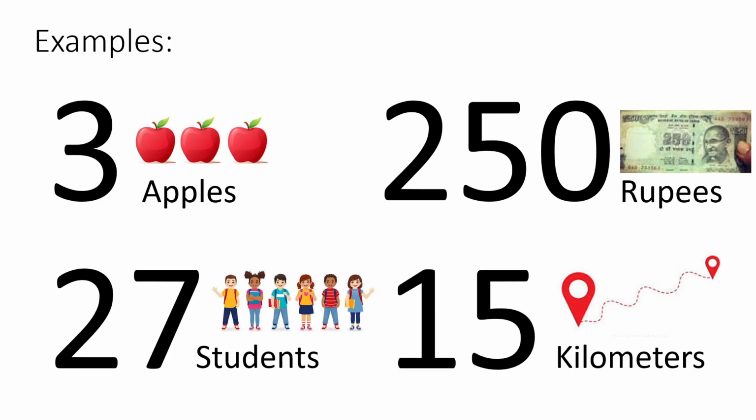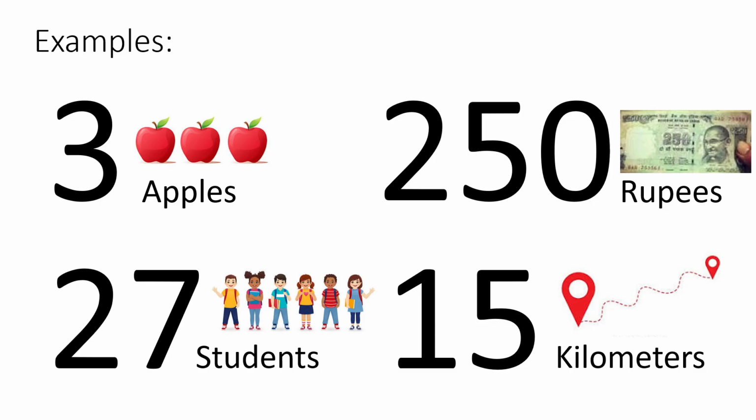Let's say the distance from your school to your home is 15 kilometers. So the distance will be 15 kilometers. So, we use numbers every single day without even noticing. We use them in different applications, and it is very important to understand numbers and how to use them for comparing and measuring, right?